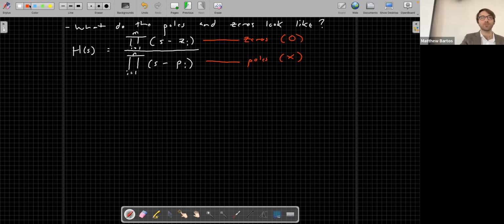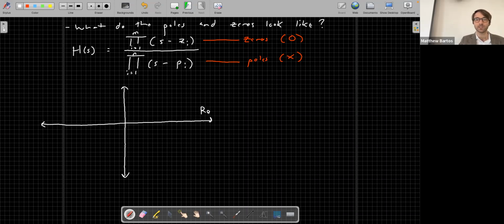Okay, so let's just take an example transfer function. We're looking at it in the complex plane. I'm going to draw the complex plane here in 2D. And let's just say that we have a couple of different zeros and poles. Here's the real component of s. This is the imaginary component of s, our complex variable.